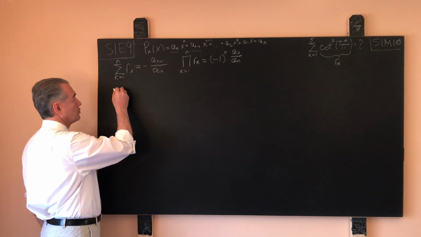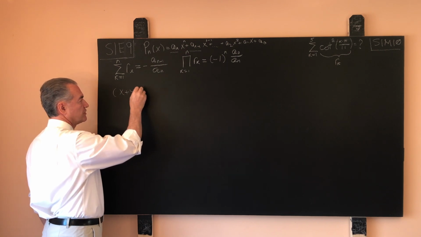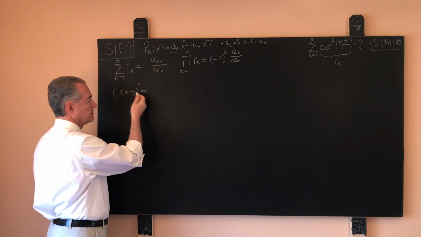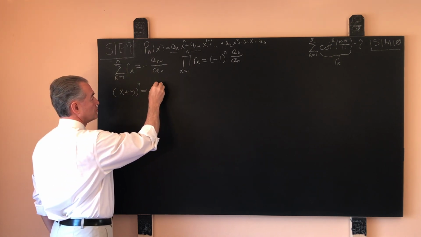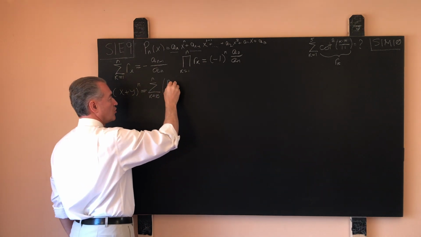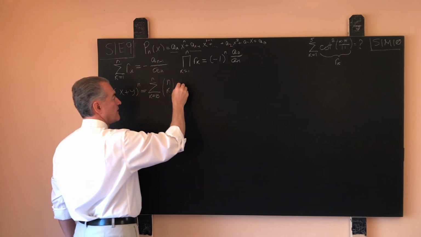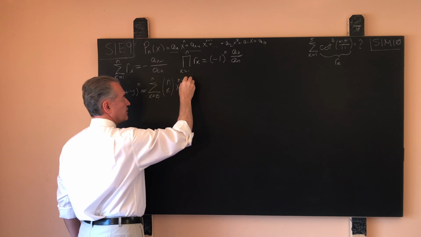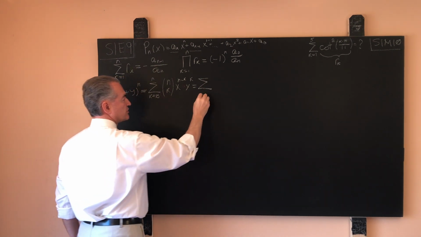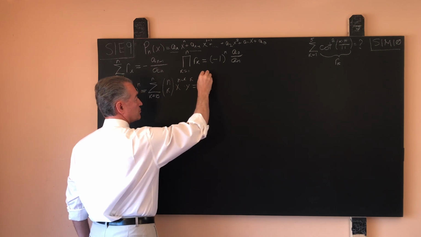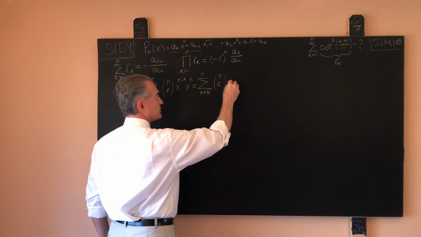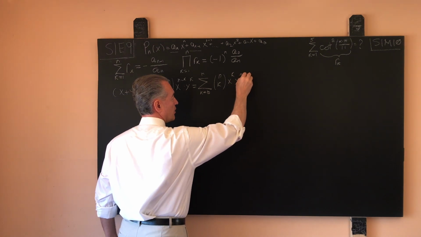First of all, we will need the so-called binomial theorem that holds for real numbers x, y, and non-negative whole numbers n, and that particular expression can be also written as a sum over k varying from 0 to n of the binomial coefficients n choose k, and then x raised to the power n minus k times y raised to the power k, or equivalently, that expression can be represented as a finite sum over k varying from 0 to n of binomial coefficients n choose k when x is raised to the power of k and y is raised to the power n minus k.